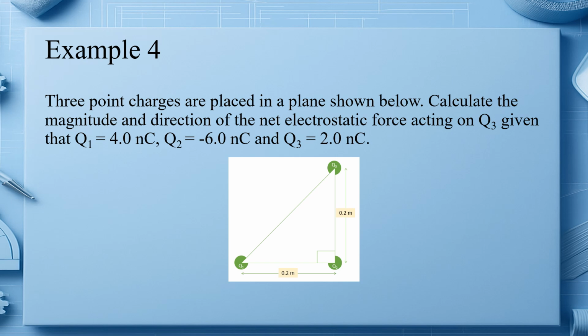Another example. So we have 3 point charges placed in a plane shown below. Calculate the magnitude and direction of the net electrostatic force acting on Q3 given that Q1 is equal to 4.0 nanocoulomb, Q2 is equal to negative 6.0 nanocoulomb, and Q3 is 2.0 nanocoulomb.